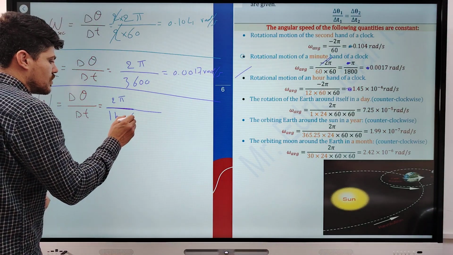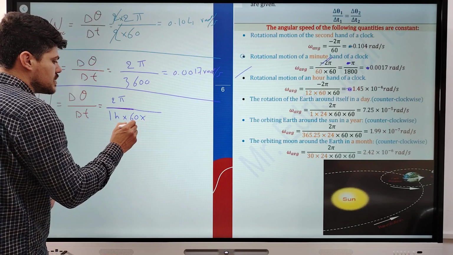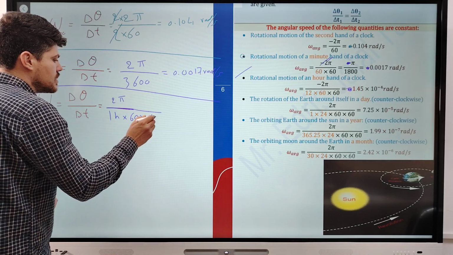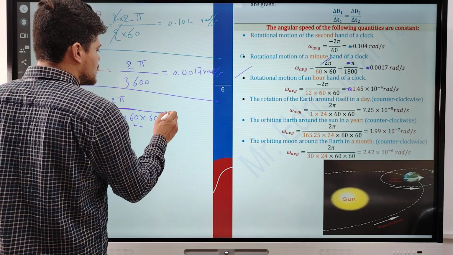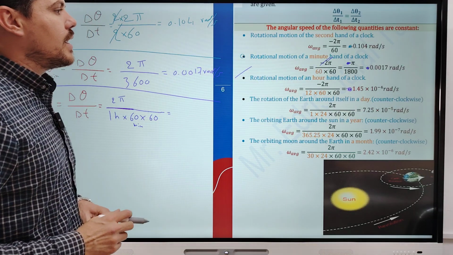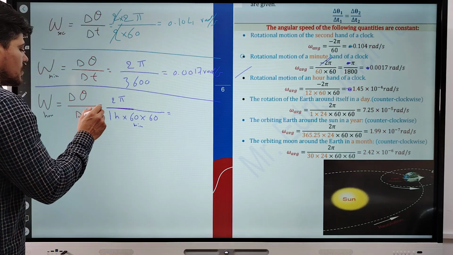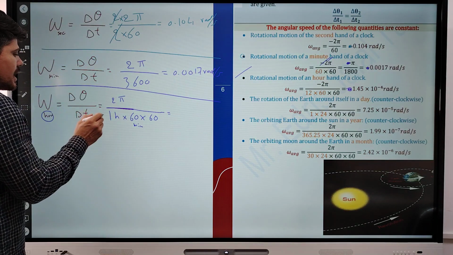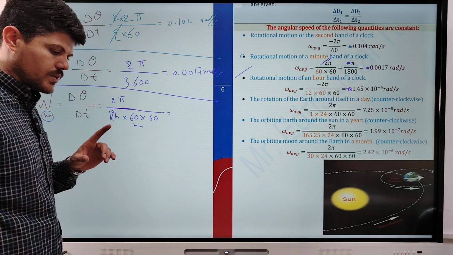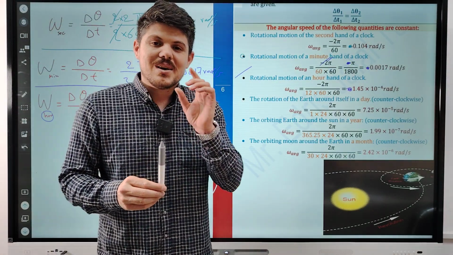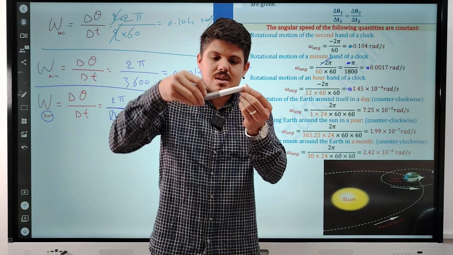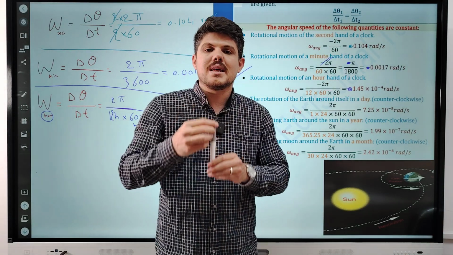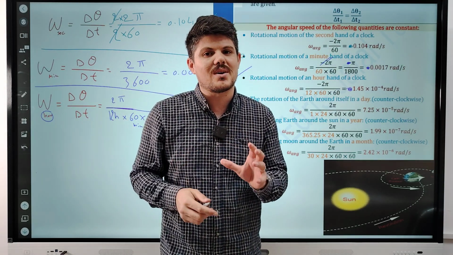Now you have to convert 60 minutes into seconds. For one complete cycle for the hour hand, it takes 12 hours. Sorry, I do apologize. How many hours are covered by the hour hand for one full cycle? 12 hours.